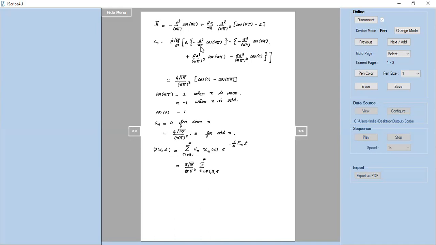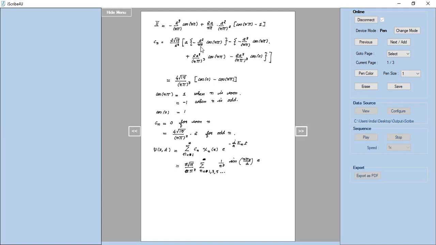You need to do it only for odd n. And what will this be? You will have a 1 upon n cube over here. Then you will have a sine of n pi x by a.